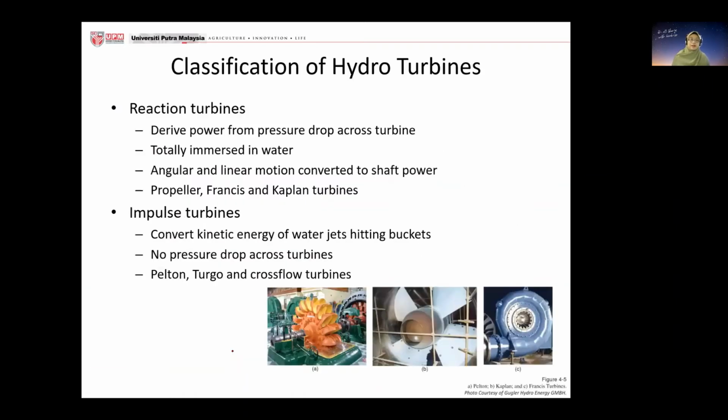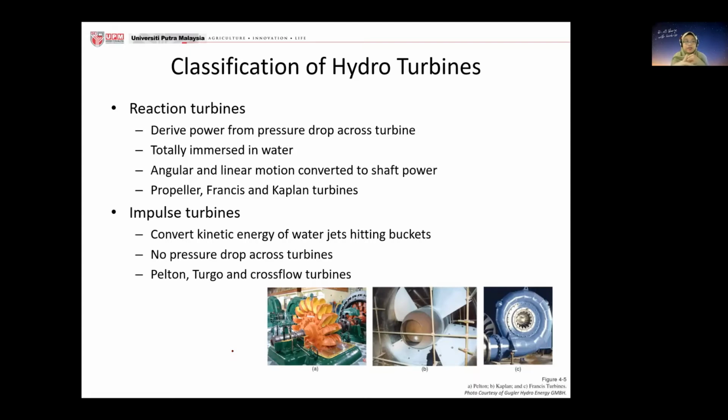Now, there are actually different types of turbines if we're talking about hydropower. They are categorized into two: reaction turbines and impulse turbines. Reaction turbines derive power from the pressure drop across the turbine.